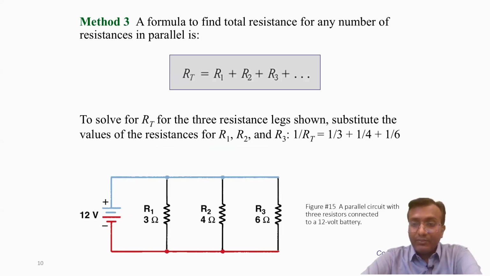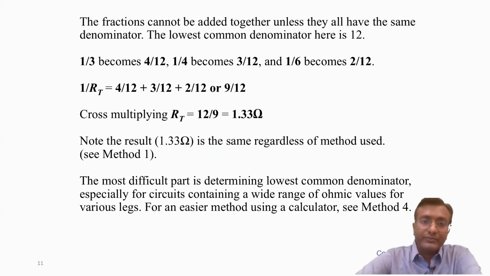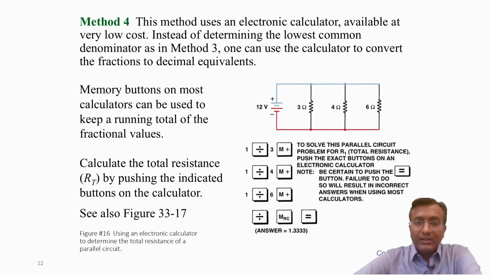Now see, this is that formula: 1 upon RT is equal to 1 upon R1 plus 1 upon R2 plus 1 upon R3, and so on. Now, this is method number 4. This method uses an electronic calculator, which is available at a very low cost.